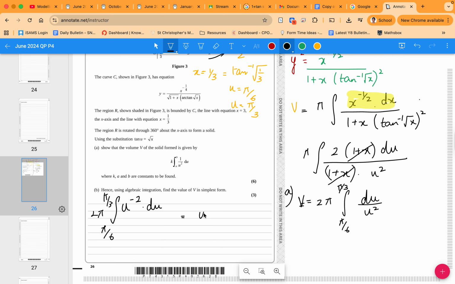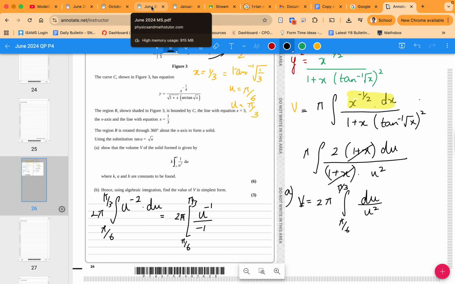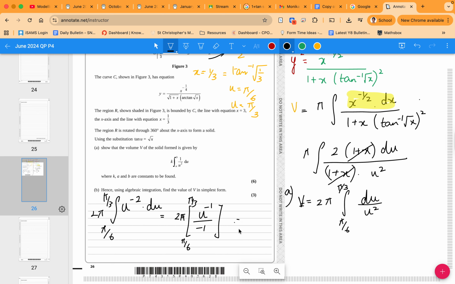That is going to be minus 1 over u, between pi by 6 and pi by 3, and I also have a 2 pi outside. When you substitute this, you get the answer in our mark scheme, which is just 6. It's a very nice answer, and you could probably remember it.